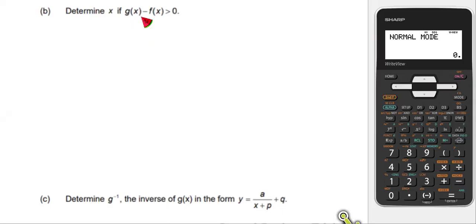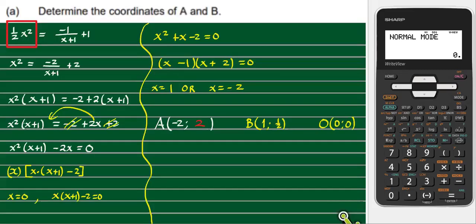Find the graph here. This part I did, I remember this portion. I transposed the other part. I said g of x must be greater than f of x. I had the asymptotes. Actually, you can do this by using inequality.